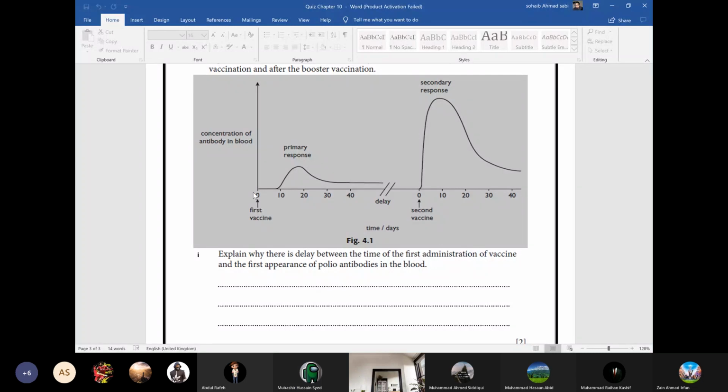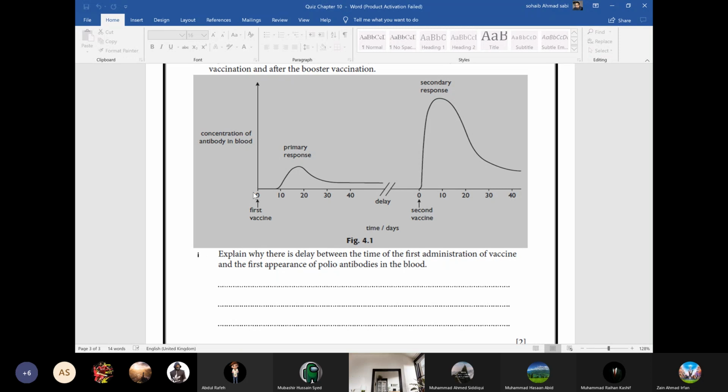Okay, boys, listen to the complete answer. What you will tell is that first of all, it will take time for the recognition of the pathogen. The lymphocytes will take time to recognize the pathogen. Second, the lymphocytes will reproduce and increase in number, and that takes time.